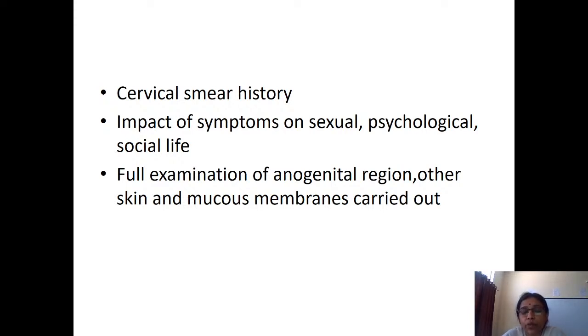So the full examination of the anogenital region apart from the skin and mucous membranes. See, because a few of the conditions not only affect the anogenital region, the lesions can even be seen on other parts of the body, especially the mucous membranes. So we need to examine thoroughly not only the anogenital region but the whole of the skin and the mucous membranes.